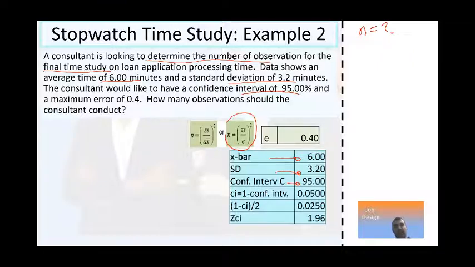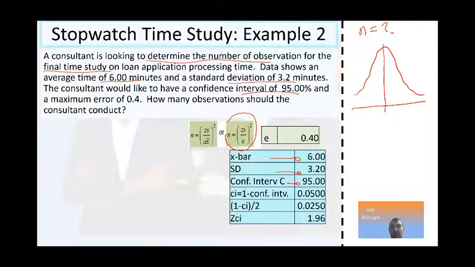Now we have a confidence interval, so we don't have a z, but we can get a z from the confidence interval. If we draw our normal distribution curve, since it's a 95% confidence interval, there is 5% left on the curve, and this confidence interval is two-tail.